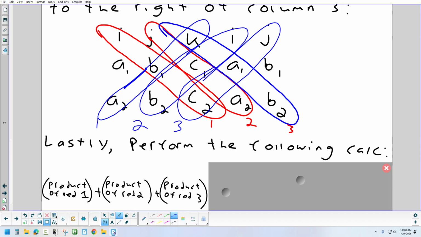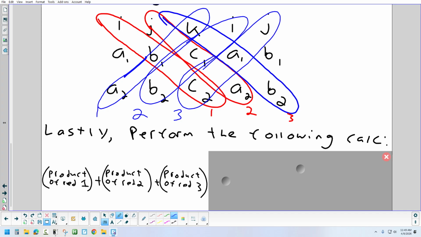Then you're going to multiply everything that's on red diagonal number 3 together. Once you multiply those 3 things together, they all get added up. This plus this plus this. Okay. So those are the red.